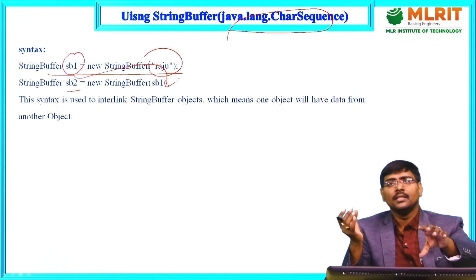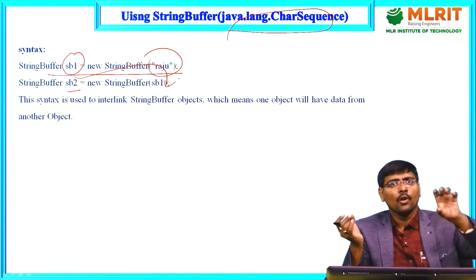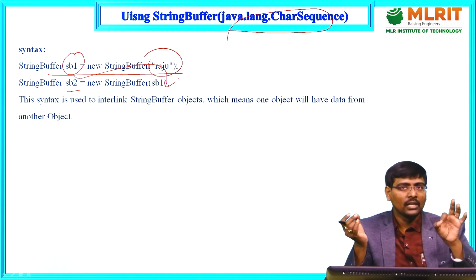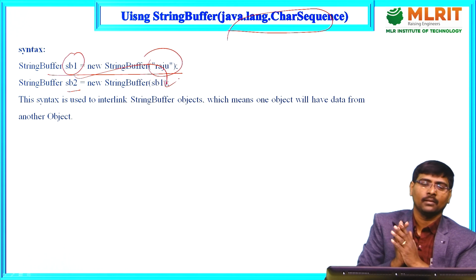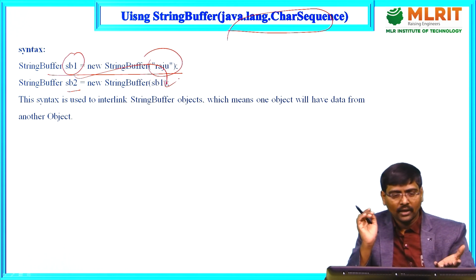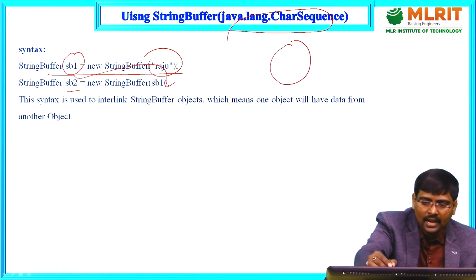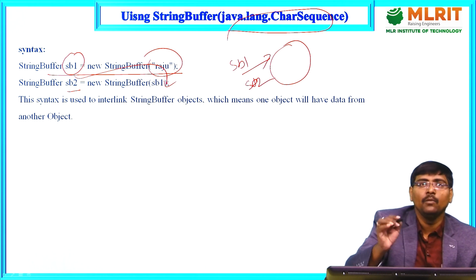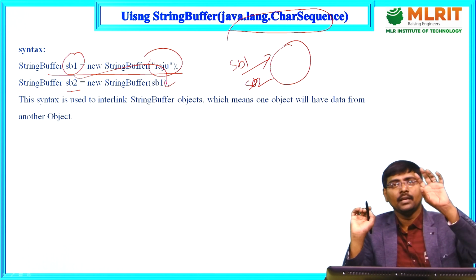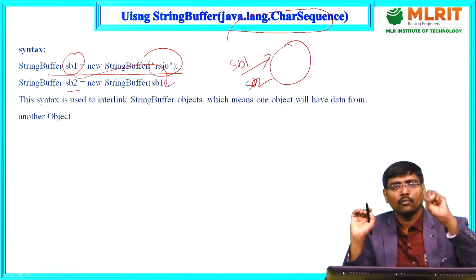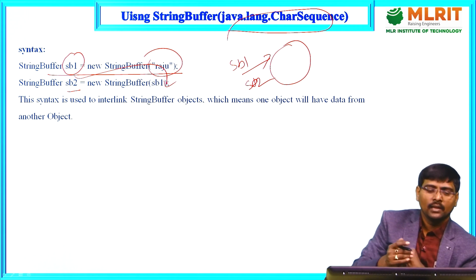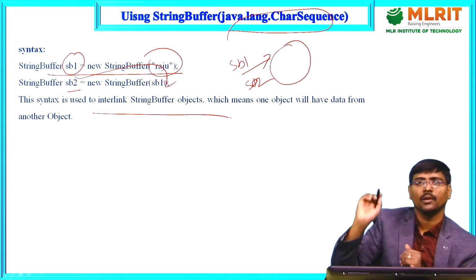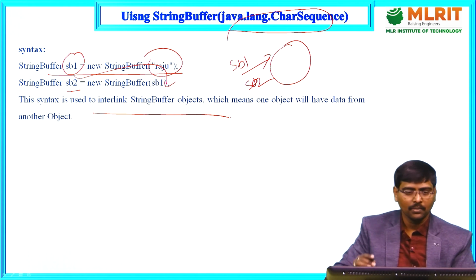This scenario is used if we want more than one string buffer object to refer to the same location. Now what happened? SB1 and SB2 point to the same location. That means the data of one object points to another one. Interlinking of string buffers.